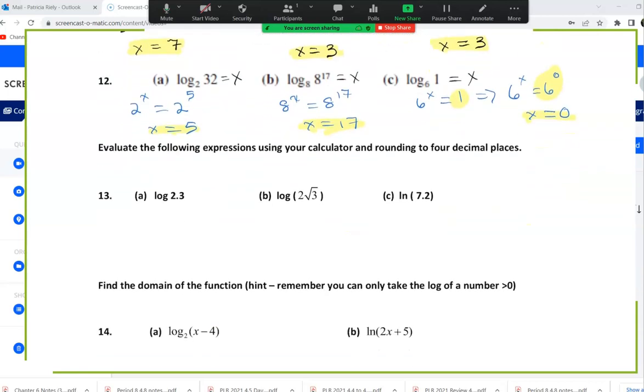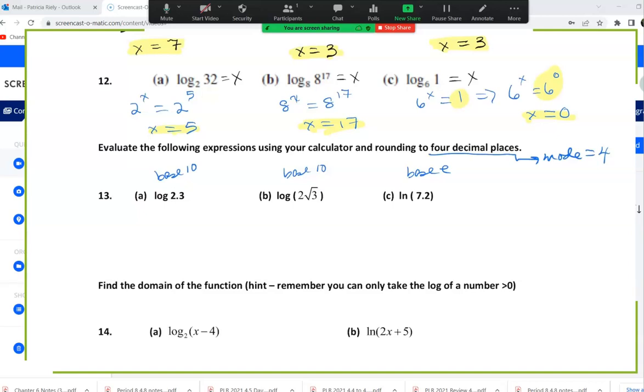Okay, so now this says, evaluate the following expressions using your calculator and rounding to 4 decimal places. So you can use just a regular calculator because this is base 10, this is base 10, and this is base E. So I'm good to go with my regular calculator. I need 4 decimal points, so therefore my mode is now going to equal 4.